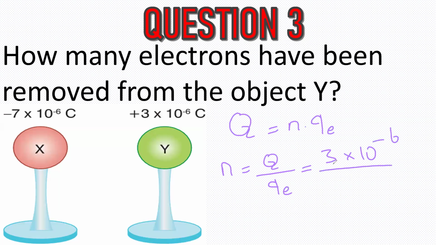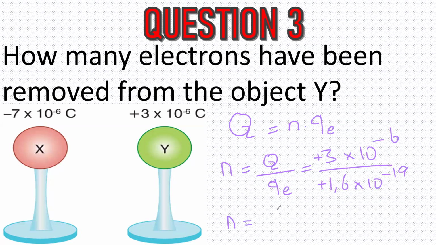I said plus because you must write plus 1.6 times 10 to the power of minus 19. As you see, on top we have positive, and this one also positive. Remember, we have charge, it means we are using the charge of a proton because of the same charge. So the formula N equals Q over e. If on top you have positive, the other one is positive.